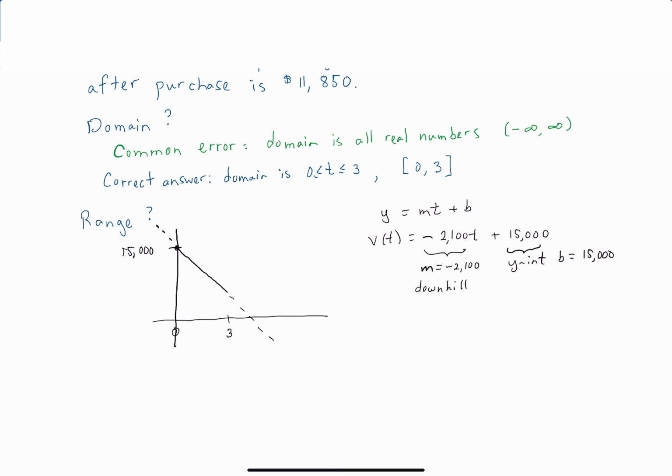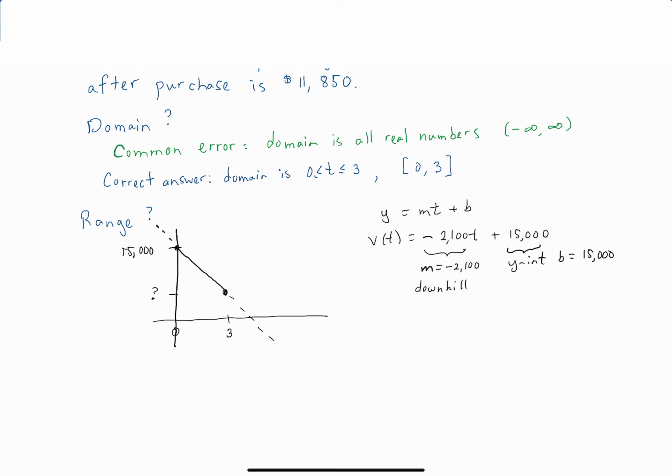So we wouldn't really even need to draw that dotted part. I'm just emphasizing that if you're thinking of the function, it's the whole line, but we have to think about the domain as well, which is 0 to 3. So I can see that the y values are going to go between whatever that lower dot y value is and then up to 15,000.